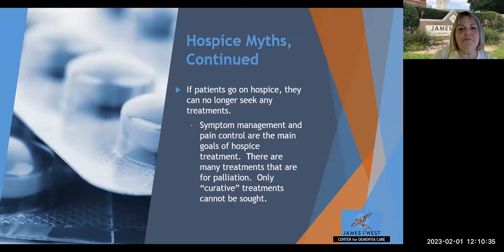Another hospice myth. If patients go on hospice, they can no longer seek any treatments. Let's look at this answer. Symptom management and pain control are the main goals of hospice treatment. There are many treatments that are for palliative use.